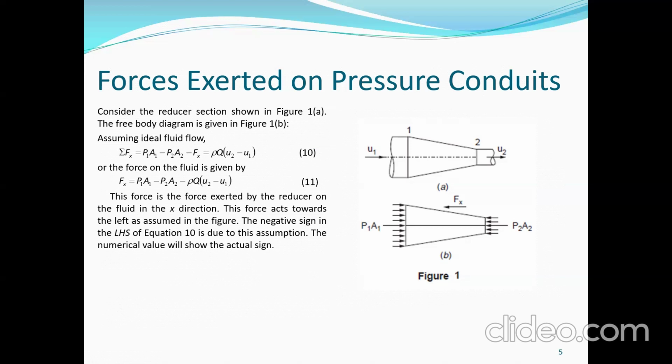Now, Fx is the force exerted by the reducer on the fluid in the x direction. That is why it is opposite. When the fluid moves this way, there is a force; the pressure here is the action, the action of pressure on this area. So there is a reaction here.